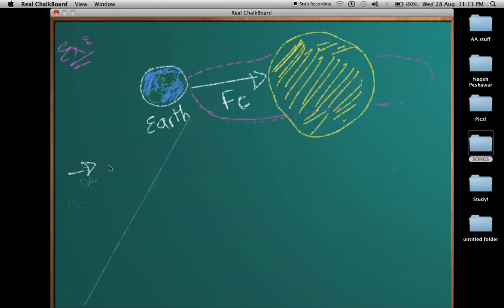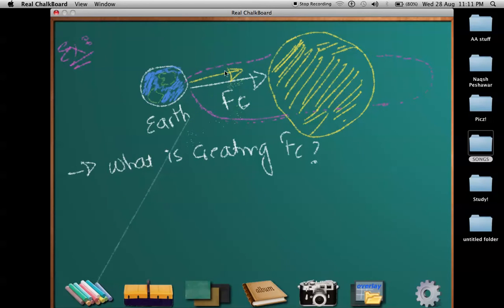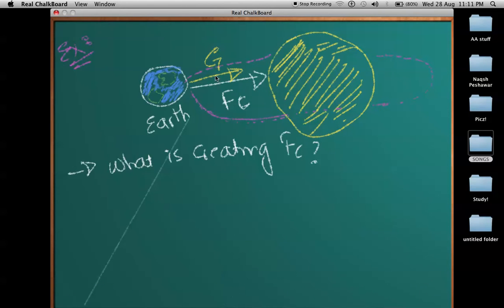Now the question is, what is creating the centripetal force? In this case, it is the gravitational force between the two objects that manifests itself to form the centripetal force. There was a gravitational pull in this direction, and this changed itself and formed a centripetal force, allowing it to move around this orbit.